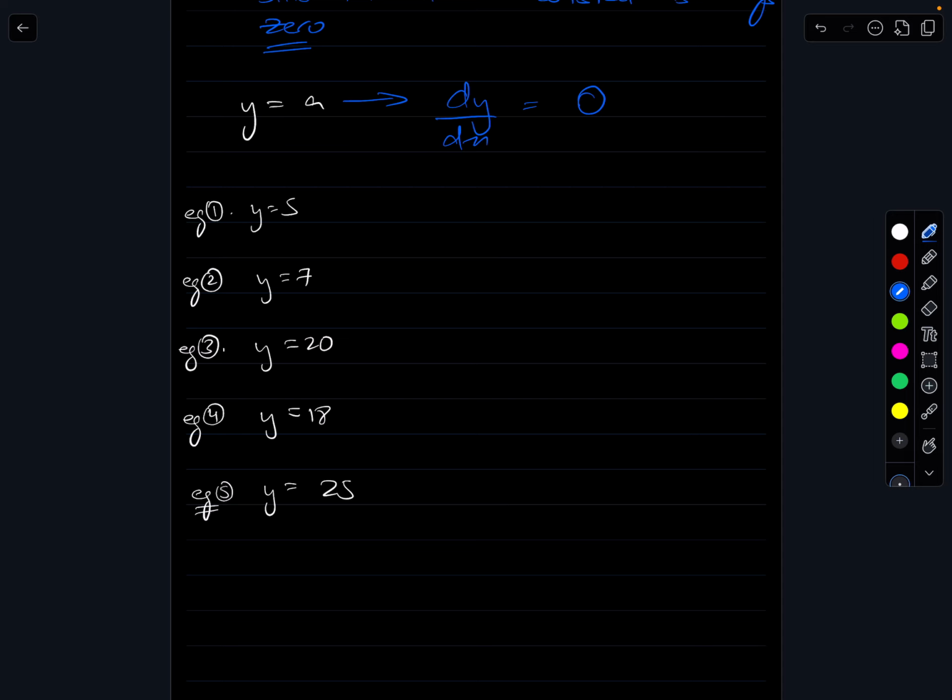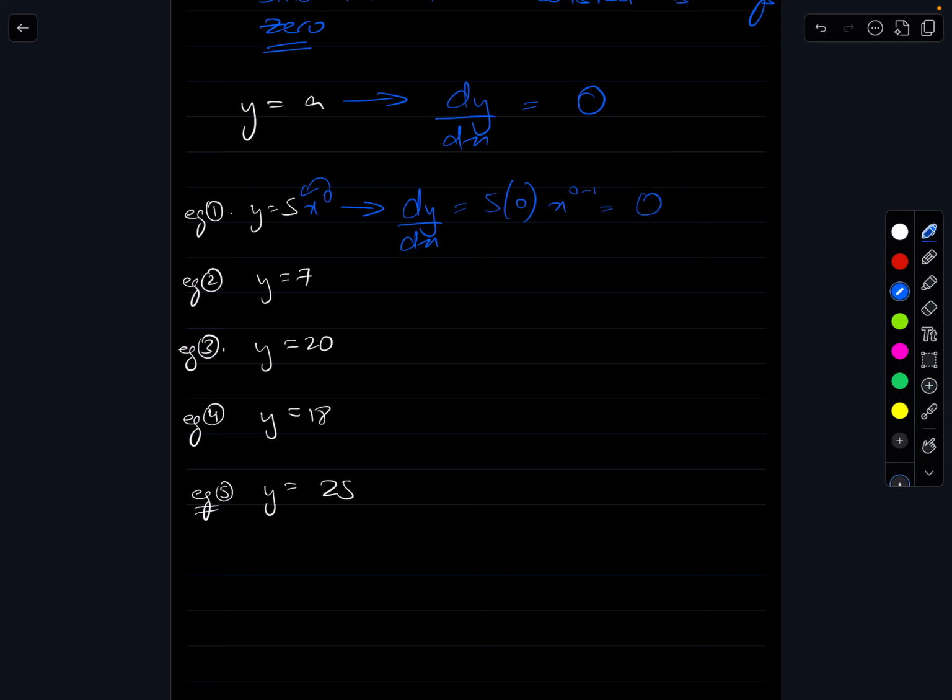And why is this so? This is because, see, we have nothing here, so there's going to be a 1 here. 5 into 1, which I can write as 5x power 0. So dy by dx is equal to 5, bring the power down, which is going to be 5 into 0, reduce the power by 1, so 0 minus 1.